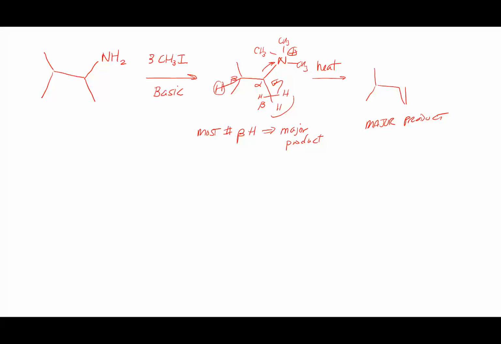So that's the rule: for Hofmann, we're going to get the product that comes from the carbon with the most beta hydrogens. So that was Hofmann. And the reaction has to go through an anti-periplanar geometry.